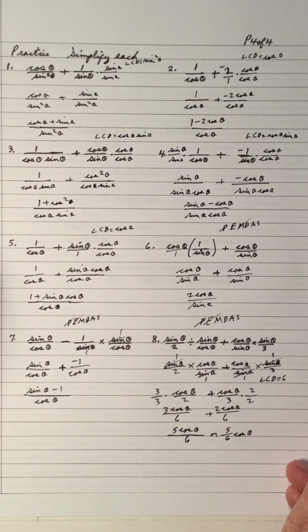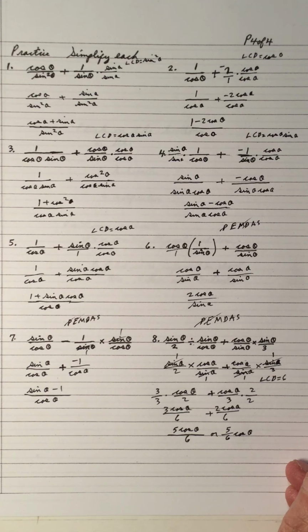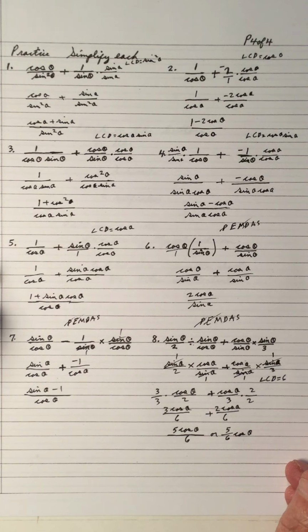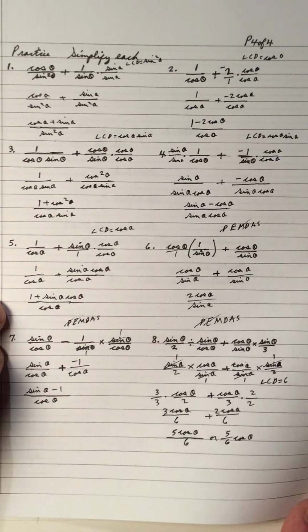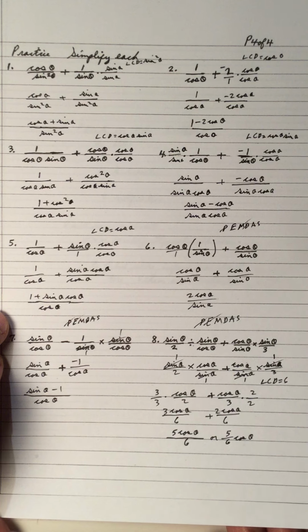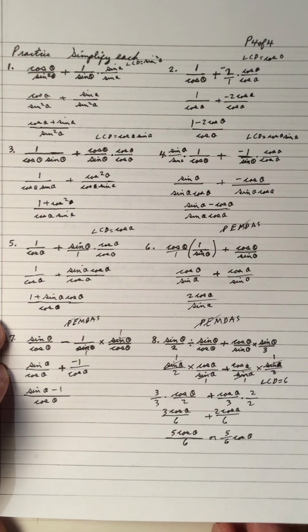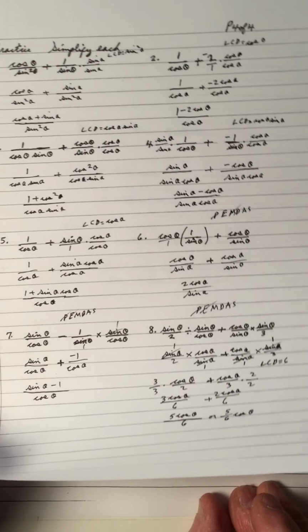So that's working out and simplifying rational trig expressions with common denominators. So it's a skill that you'll need at the end of this unit when we go to do identities. When you add fractions you need to make them equivalent, and you need to get the same denominator.